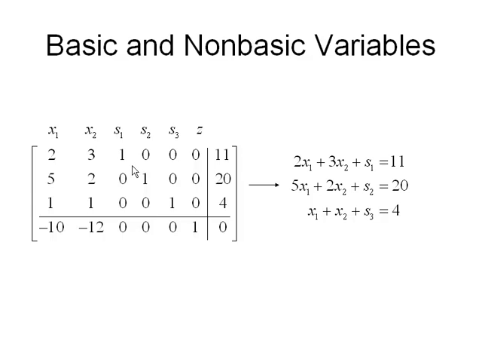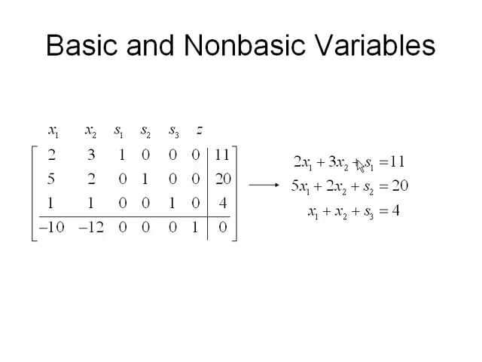I've taken the first row, 2, 3, 1, 0, 0, 0, 11, and written it back in its equation form, which is 2x1 plus 3x2 plus s1 equals 11. And I've done the same thing with my other 2 constraints.